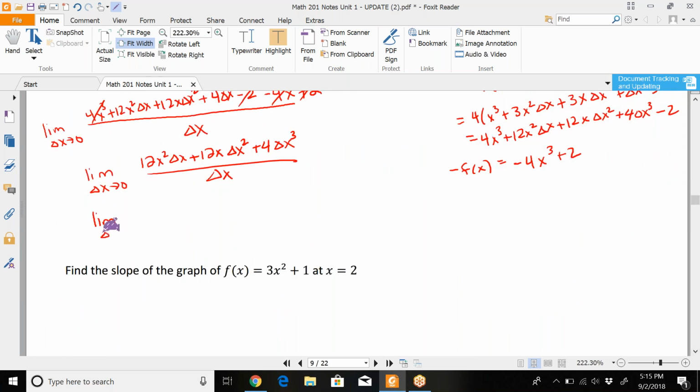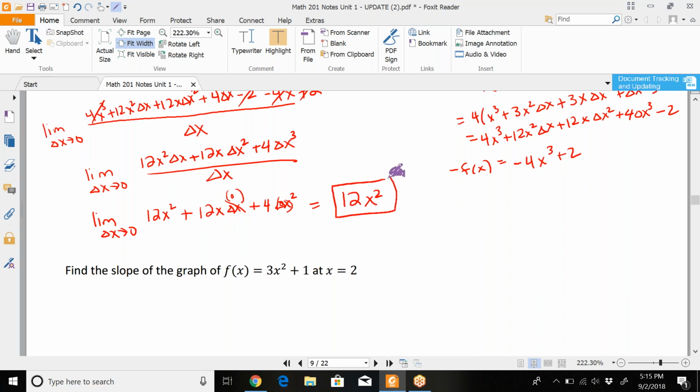So when we reduce down, because everything has a delta x on top, we get 12x squared plus 12x delta x plus 4 delta x squared. Now your final step when you do this limit is, now that this has no dividing by 0 anymore because we got rid of the delta x in the bottom, we let all the delta x's become 0. So essentially they become 0. Okay, so that's going to make all of that go away, and this final answer is just 12x squared.